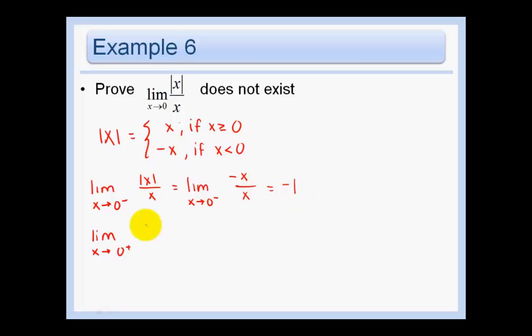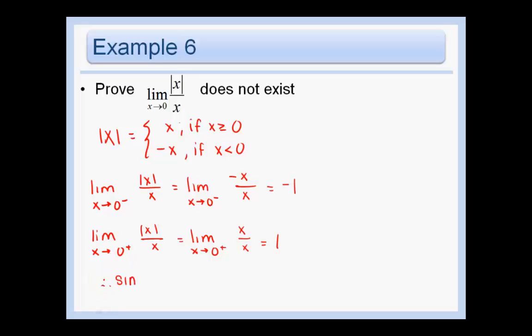Let's go ahead and do it from the other side. From values that are greater than 0, we're going to use this definition. The left and the right are not equal.